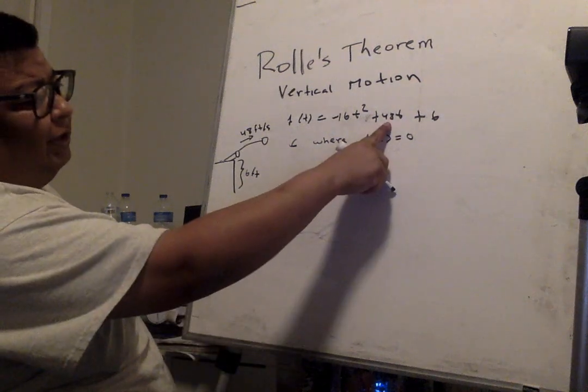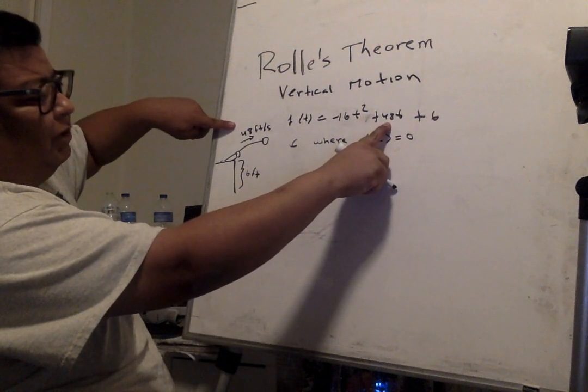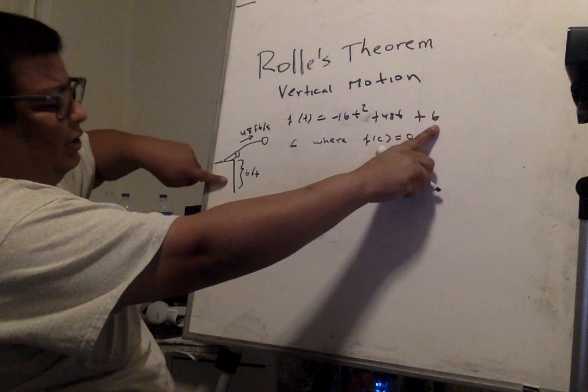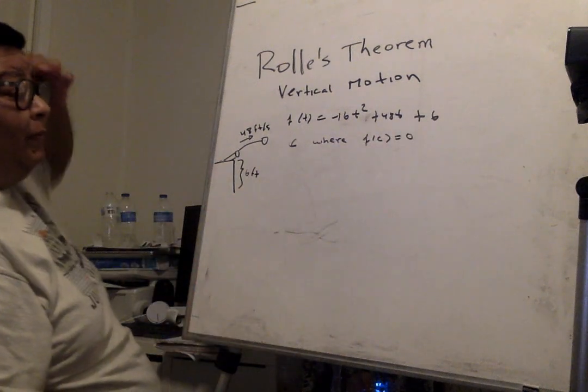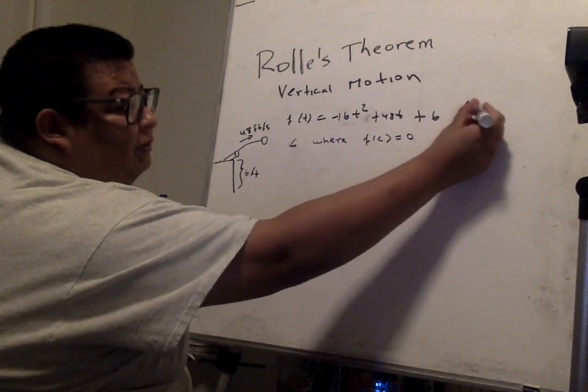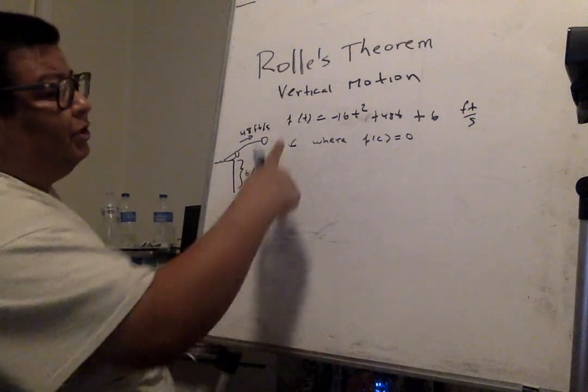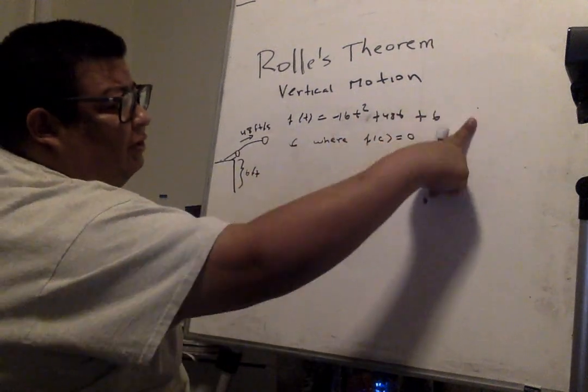Notice you have 48 here. That means that it comes from the velocity, and the 6 is the height. So this is in feet per second. No, actually this is the height, so this is gonna be in feet.